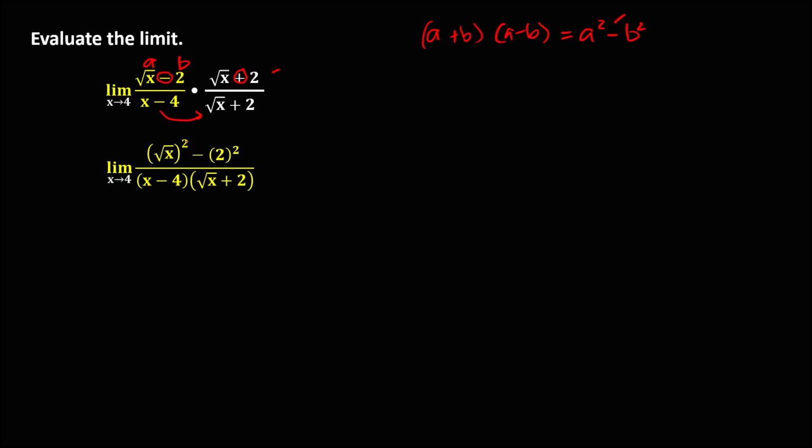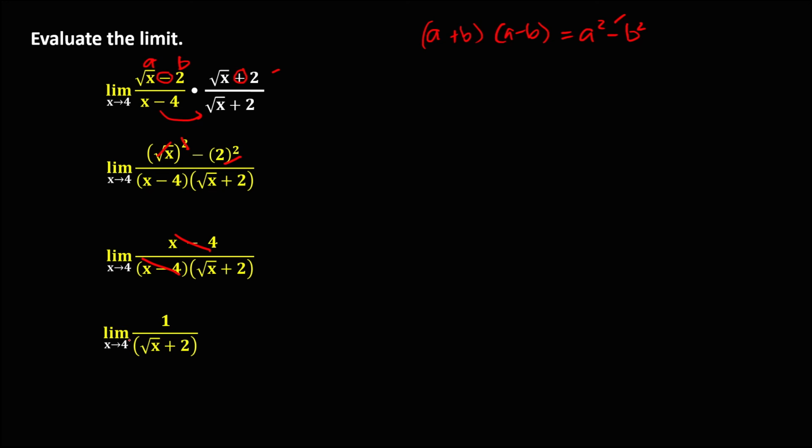Then to simplify, we can cancel this radical. So this is x, then minus 2 squared is 4. Then we can cancel this x minus 4. So the remaining is the square root of x plus 2 in the denominator, and in the numerator we still have 1.